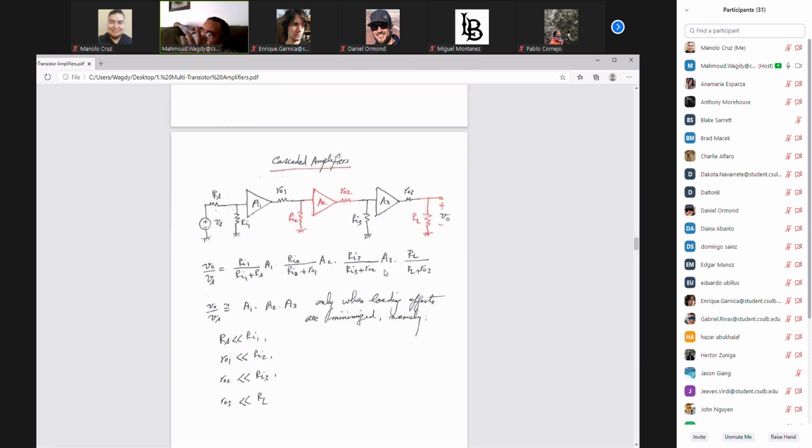He gets 20, for example, instead of 30. And the reason you're getting 20 instead of 30 is because you neglected the loading effects, the relative ratios between input and output impedances and all of that.